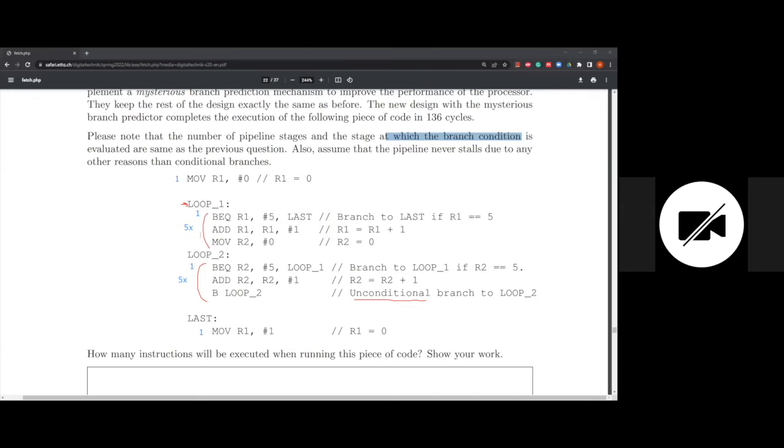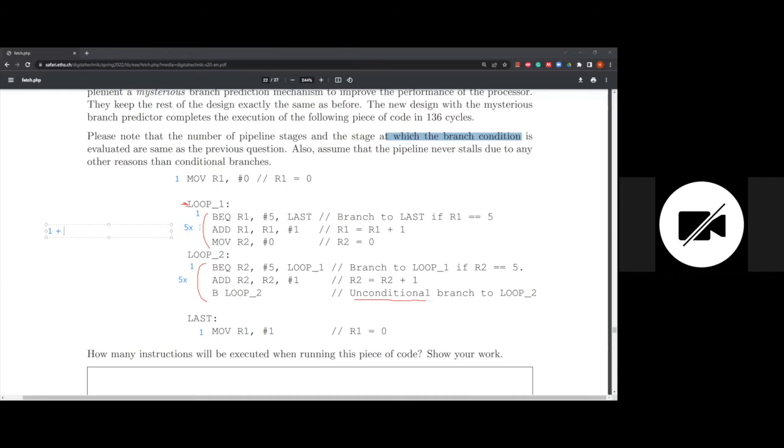So basically, this is what the program does. And then if you calculate the total number of instructions executed here, it will be 1. 1 is this first instruction here, moving 0 to R1.